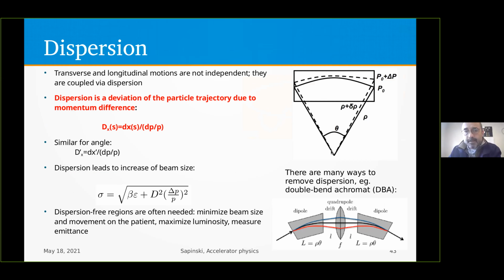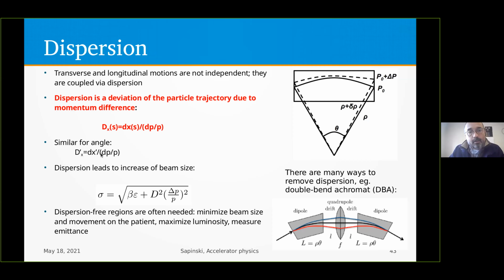Dispersion is basically if you have particles with 2 different momenta moving inside the dipolar field, then of course they will have slightly different trajectories. And this change of trajectory with change of momentum is called dispersion. We have also a similar thing for the angle.